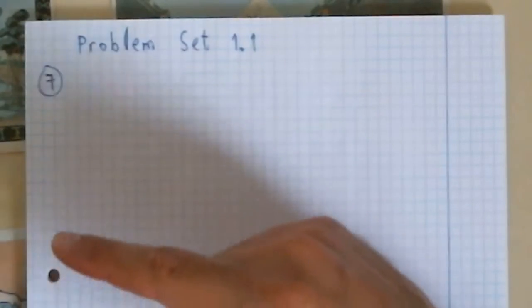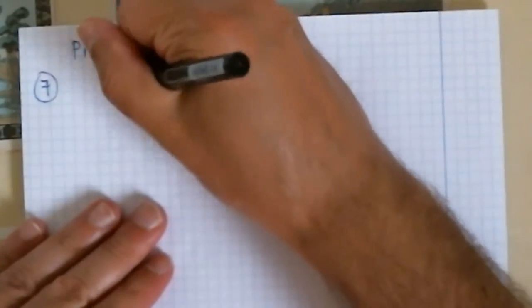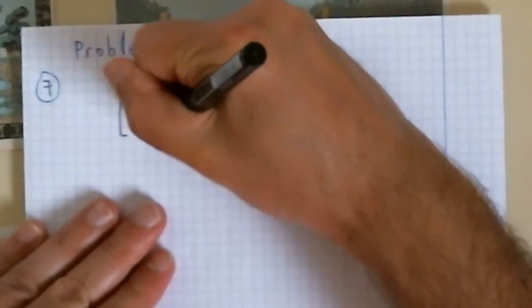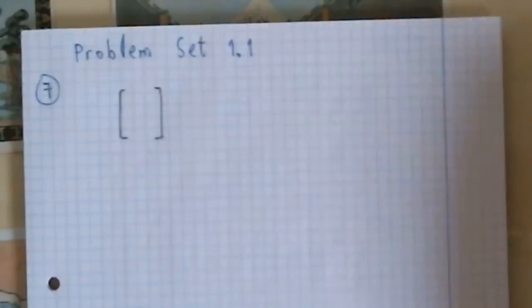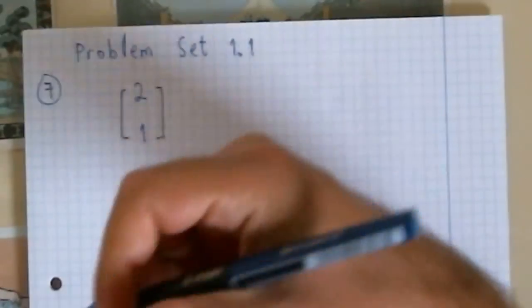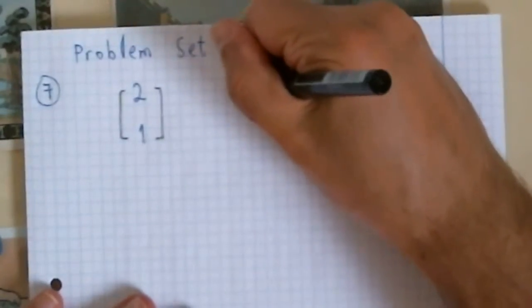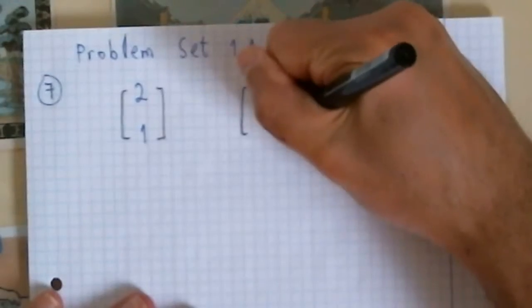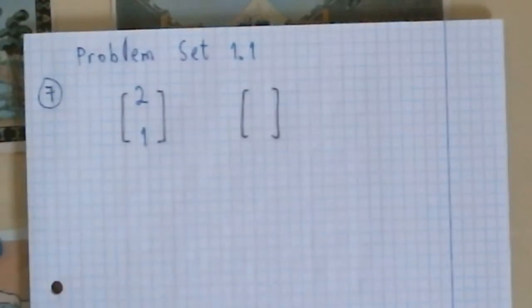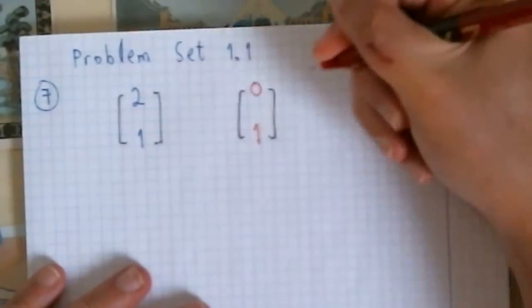Okay, so the blue vector would be 2 and 1, and the red vector would be 0 and 1.